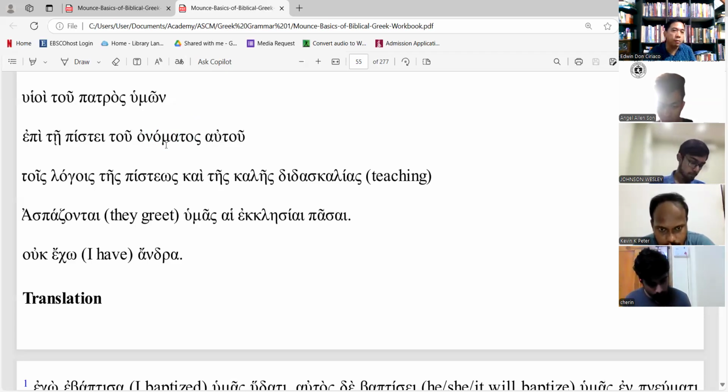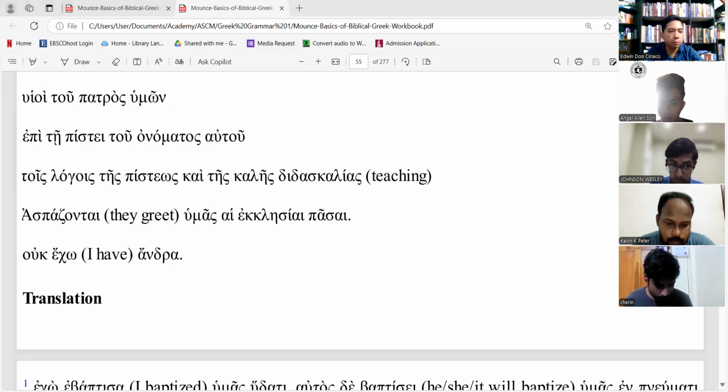So you now have the word faith or belief, and then you have the word onomatos, which is name. Faith of his name. You could say upon faith in his name. So onomatos autou is his name. Okay, thank you.